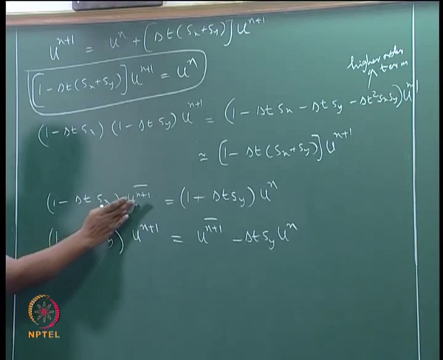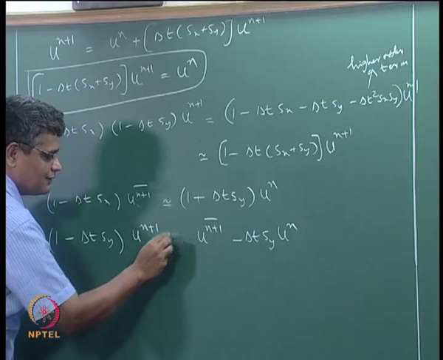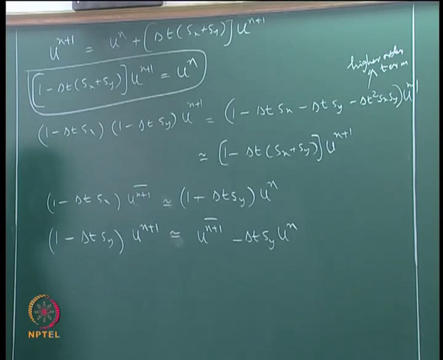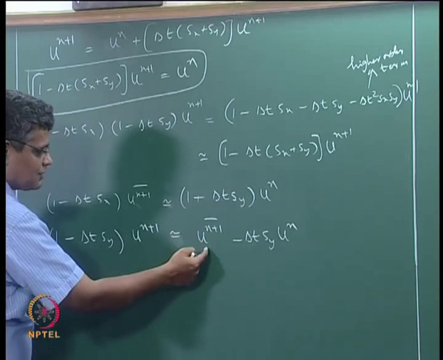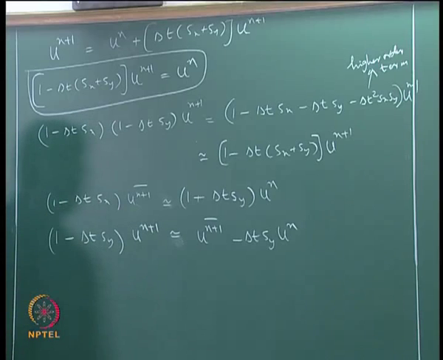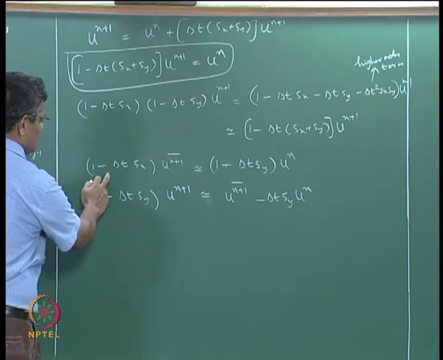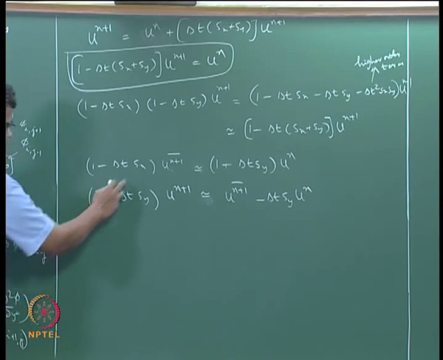Now is this equivalent? Of course this is only approximately equal because we have neglected the second order terms. And how can we show this? If you were to substitute u n plus 1 bar from this, then we would get it. Because we are dealing with operators here, what we are essentially saying is that we pre-multiply this equation with 1 minus delta t Sx times this.